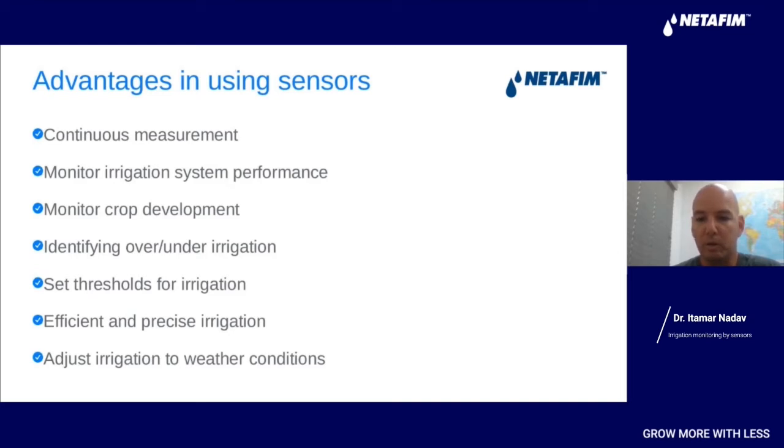We can monitor the crop development to see if it's on the right pace. We can identify over- and under-irrigation, set thresholds for irrigation, give efficient and precise irrigation, and adjust the irrigation according to the weather conditions of the surroundings.